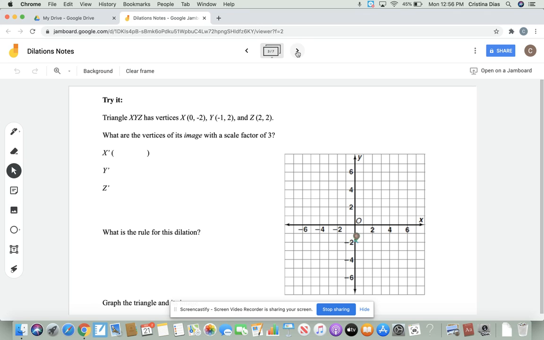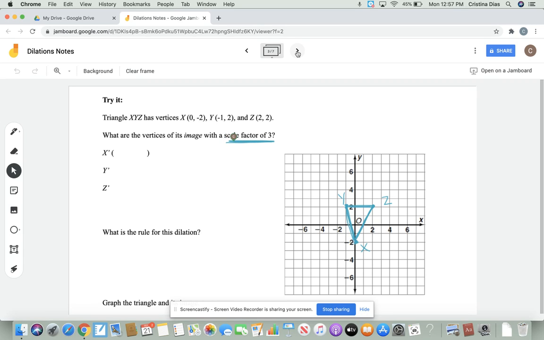Y is at -1, 2. And Z at 2, 2. Now it didn't even ask for me to graph yet, but I just like to graph right away. Okay, what are the vertices of its image with a scale factor of 3?